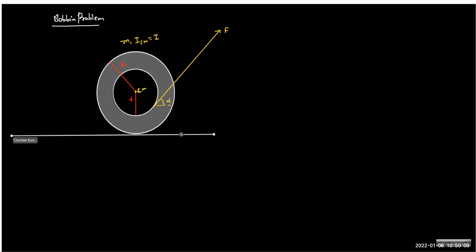The acceleration of this bobbin. Find a. And it's pretty easy. This is the challenging problem of Irodov.